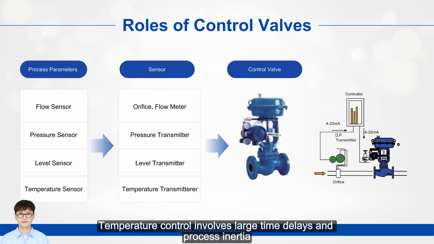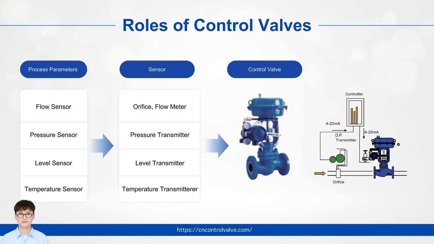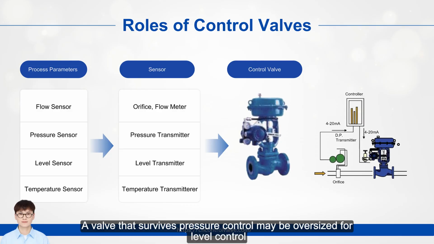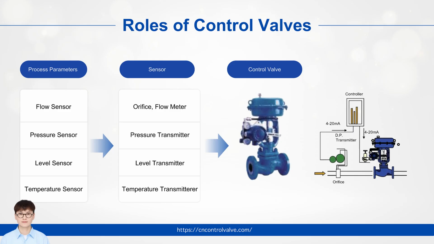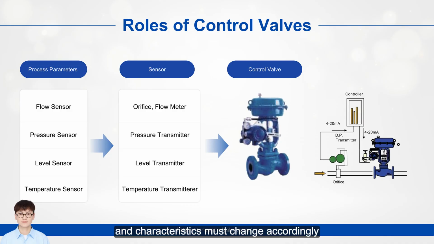Temperature control involves large time delays and process inertia. A valve that works well in flow control may perform poorly in temperature control. A valve that survives pressure control may be oversized for level control. This is why valve selection must always start from process behavior, not habit. Later in this training, we will break down each application and show how valve type, sizing, and characteristics must change accordingly.